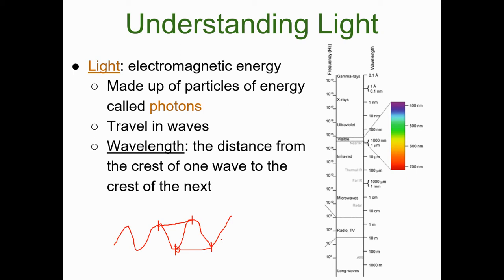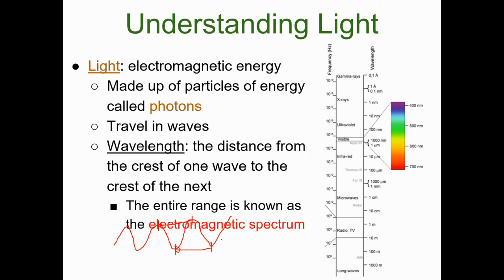So the entire range of all of our different wavelengths, which we can see here on the image to the right, is known as the electromagnetic spectrum, because light is electromagnetic energy. So this is the entire spectrum.